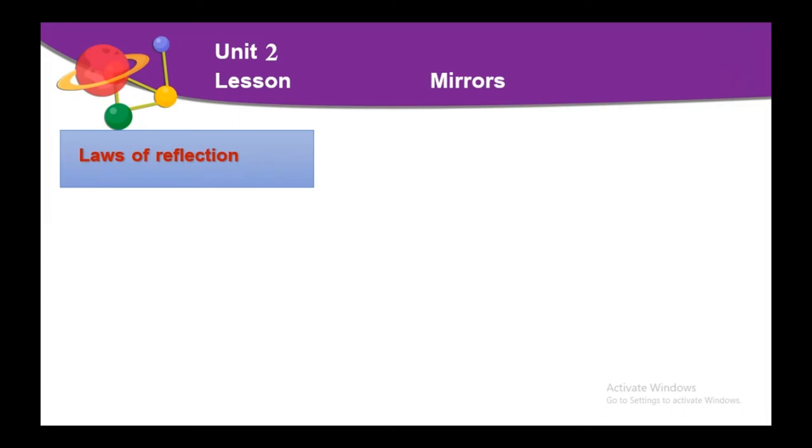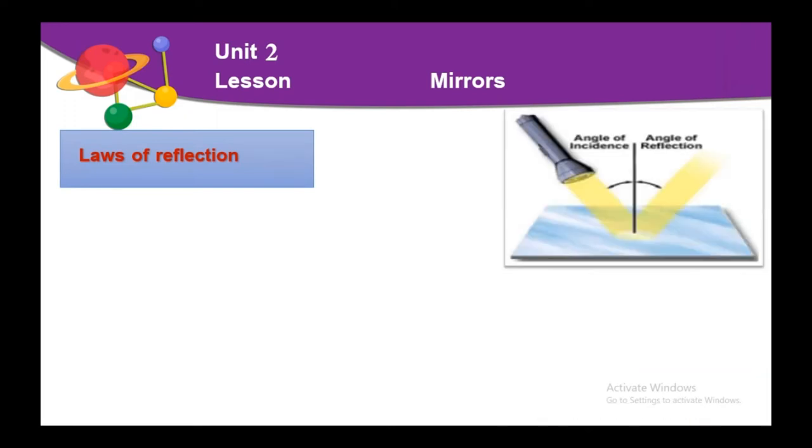We have two types of reflecting surface, smooth or rough. When light falls on a smooth and shiny surface, it will reflect regularly. But when it falls on a rough surface, it will reflect irregularly. In this case, what will happen to the light? Light falls on the reflecting surface, it will return back.